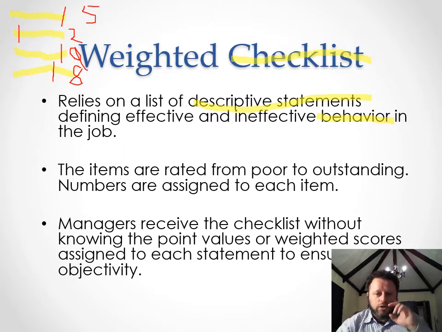And the manager receives this checklist without knowing the point values or weighted scores. So the manager doesn't know when they're giving me this evaluation which ones are really important according to HR, and that's good, especially in a big company, because then the managers are going to be much more fair. So that's the nice thing about this.